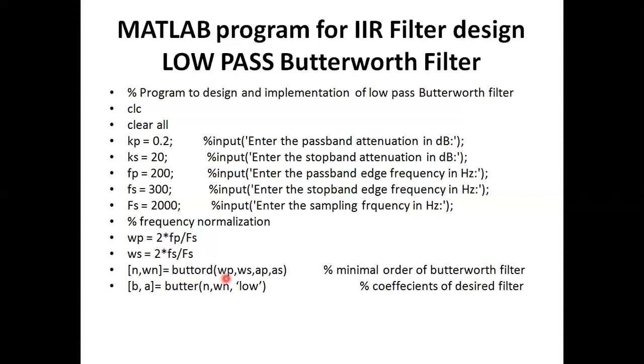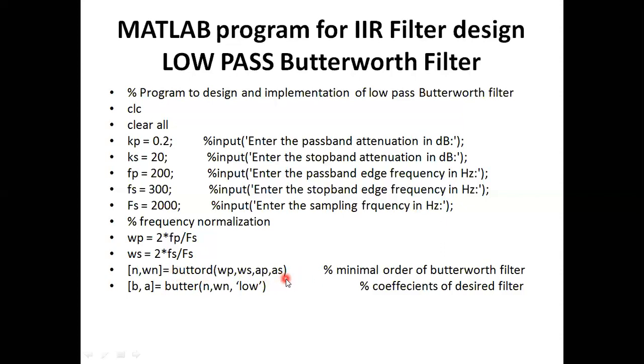In bracket, you need to write omega p, omega s, passband frequency, stop band frequency. This is AP, same as this KP. All of you change here. This AP is nothing but KP, meaning passband gain, and this is stop band gain. This AS is your KS, stop band gain. So when you run this command, you will get the order of the Butterworth filter.